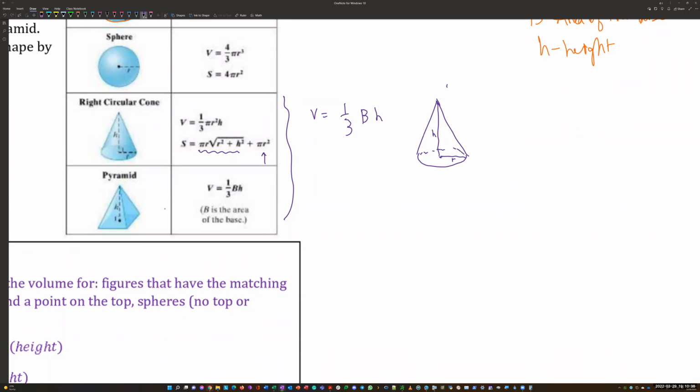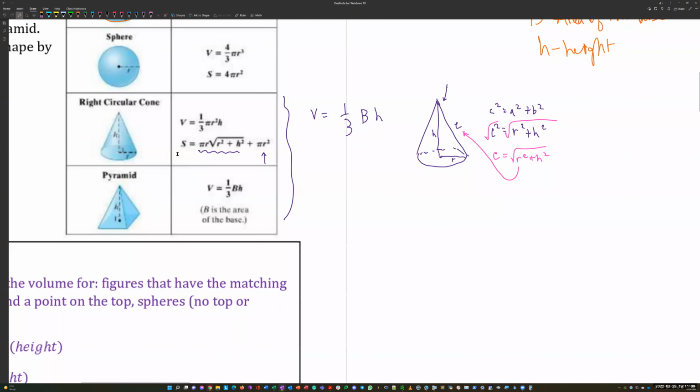If I wanted to figure out what this length right here was, I could use the Pythagorean theorem. So c squared is equal to a squared plus b squared. C, let's say, is this one. So that means c squared is going to equal a, let's say, is r. B is h. So c squared equals this. So if I take the square root, you get c is equal to the square root of r squared plus h squared.